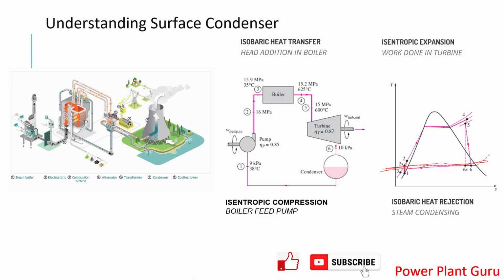The heat content is changing because you are exchanging heat from the cooling water to the steam. There is a lot of heat rejection happening. That is where the condenser is, but the temperature is the same. If the temperature is the same and you are also having heat transfer, that is called latent heat transfer. So that is where the condenser role comes in.